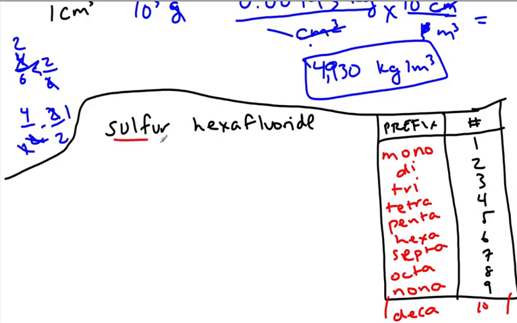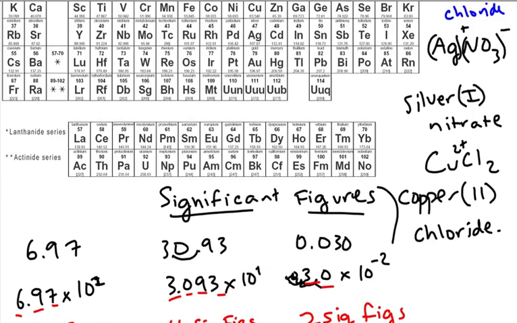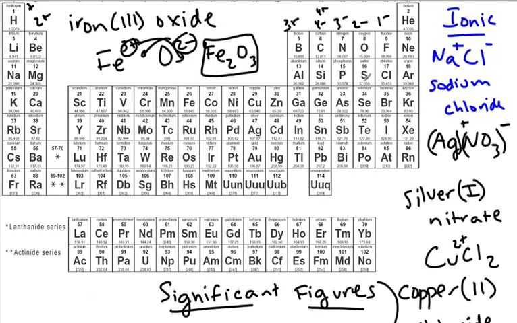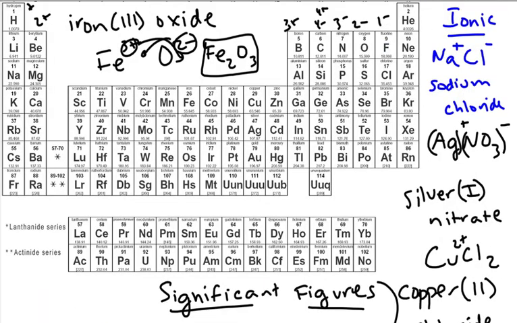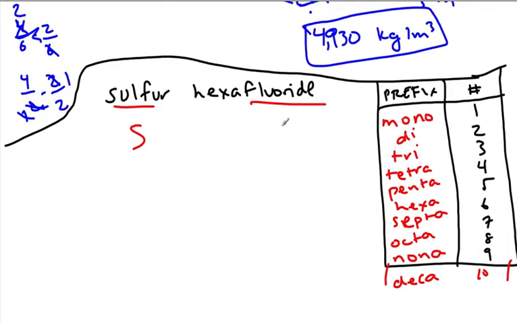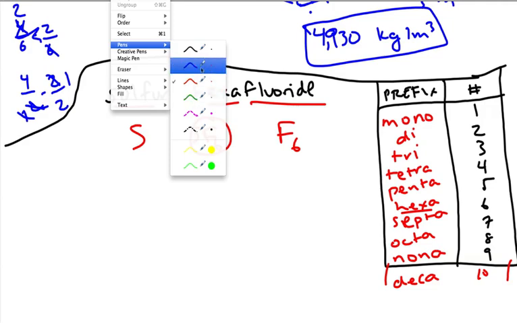So now we get, the unit of sulfur is S. Hexafluoride. Fluoride, F, is over here. Fluorine. And the hexa is 6. So it's SF6. So let me give you one.